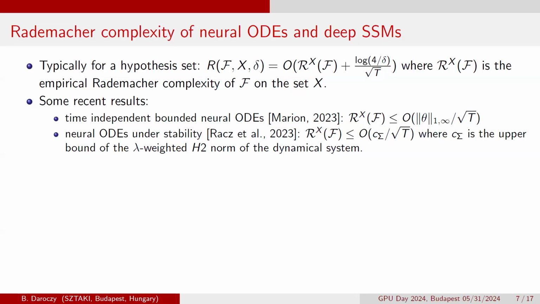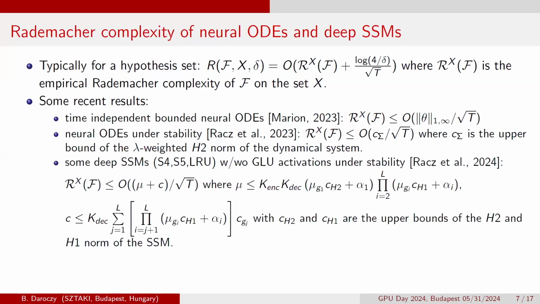I will not define that because we don't have time, but the main idea is that we can identify that the system's output is just an inner product in a Hilbert space, where the parameterization of the neural ODE acts just as a transformation. In this case, we can have an upper bound on the Rademacher complexity. That's the trick in the proof.